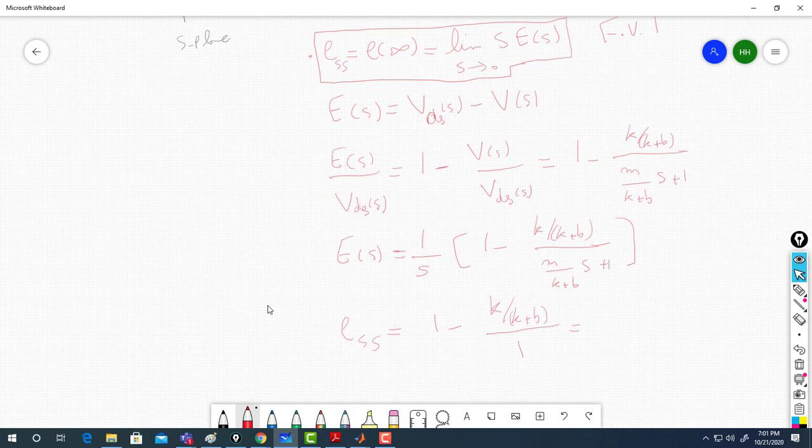So this is 1 minus k over k plus b. Taking k plus b common, k plus b minus k means b over k plus b. So let me directly write it: b over k plus b.